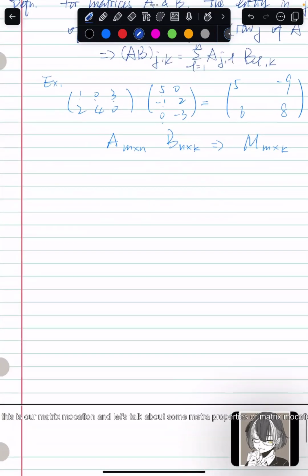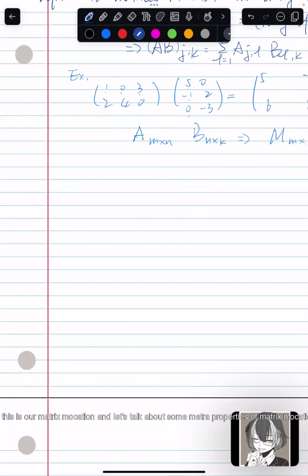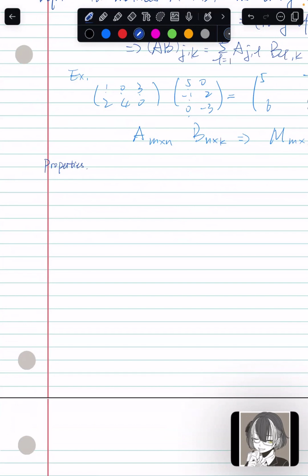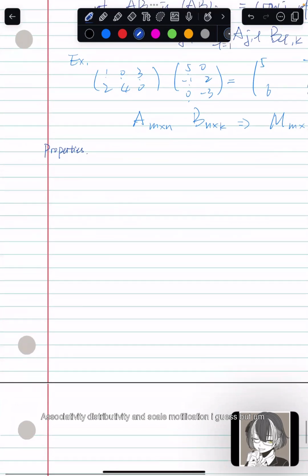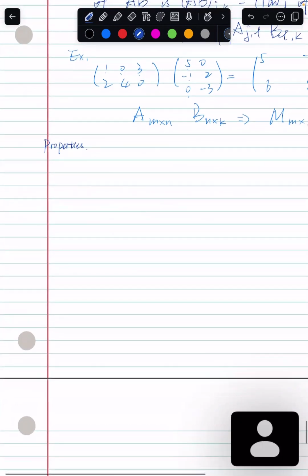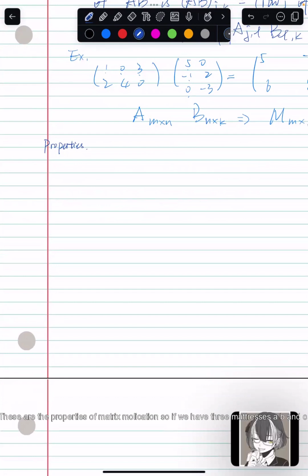So this is about matrix multiplication, and let's talk about some properties of matrix multiplication. In the first class we've introduced some things like associativity, distributivity, and scalar multiplication, I guess. But these are the properties of matrix multiplication.